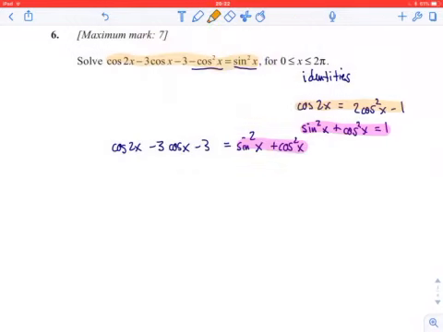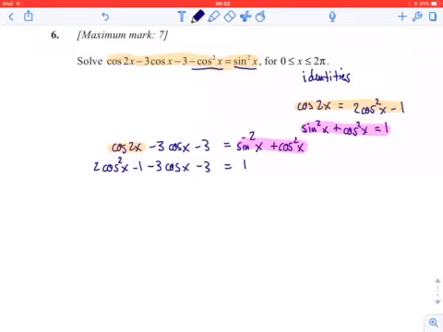And I also can use the fact that cosine of 2x is equal to 2 cosine squared x minus 1 to rewrite this term. So if I do that, I get 2 cosine squared of x minus 1 minus 3 cosine of x minus 3 is equal to 1. All right, so this is looking really nice.